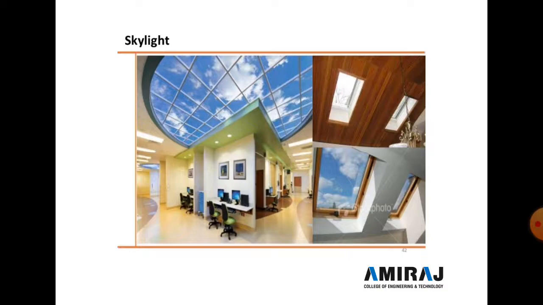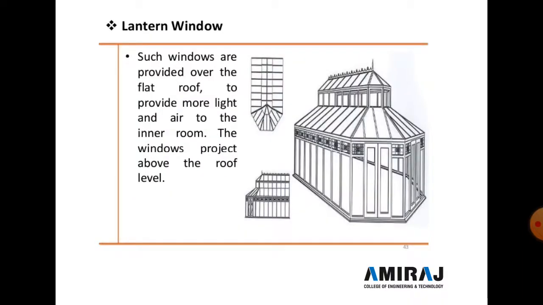The opening is treated with flashing to ensure waterproofing because it is fixed in the topmost part of the slab. A skylight window may be plastic or glass, fixed or operable, and made in a number of sizes and styles. Now the next type of window is a lantern window.